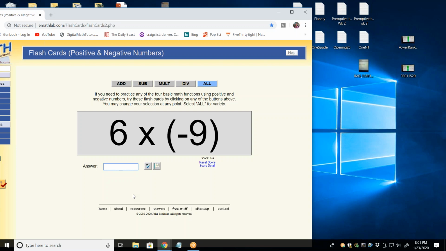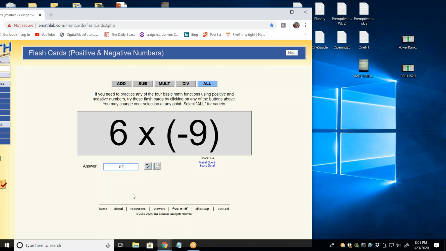6 times minus 9. Negative 54. Remember, anything multiplied by 9 has to end up with digits that add to 9. 5 and 4 add to 9.